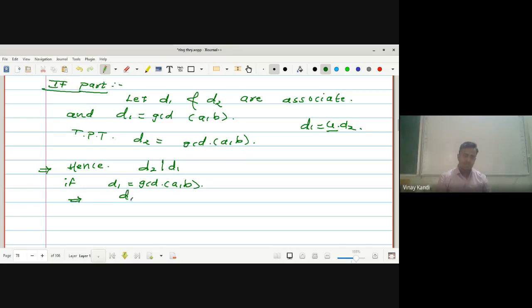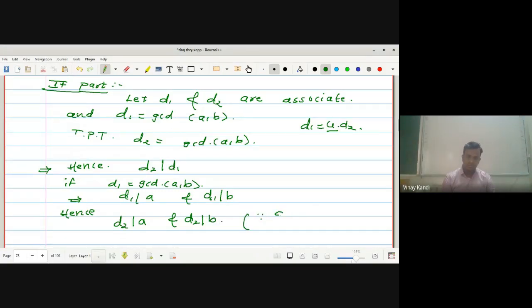Okay. If D1 is the GCD of A and B, it implies D1 divides A and D1 divides B. Also, D2 divides D1, and D1 divides A, hence this D2 must divide A and this D2 must divide B. Okay, why?